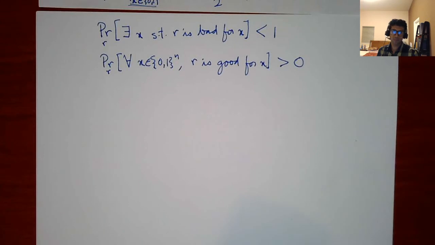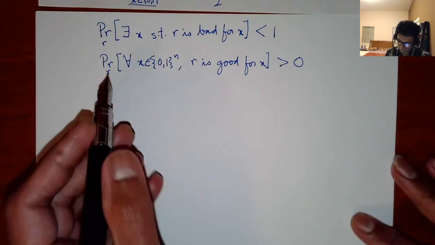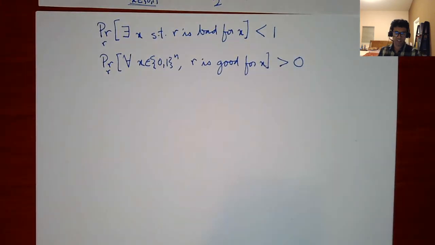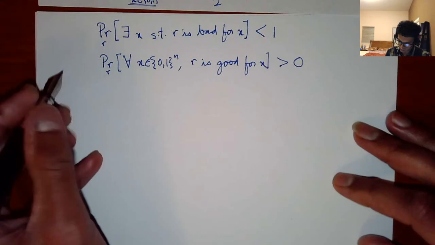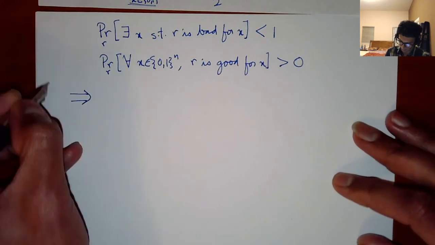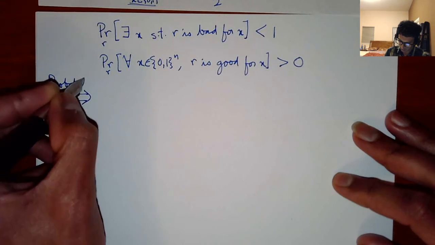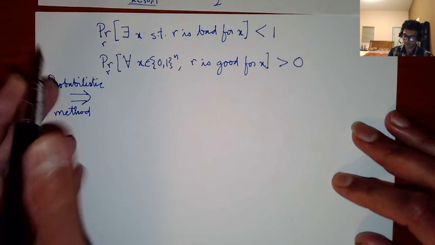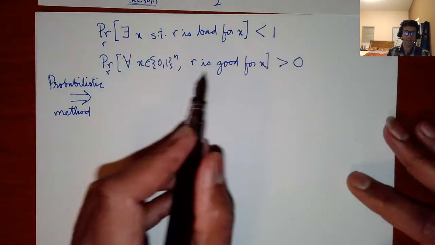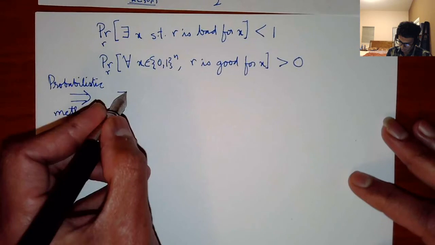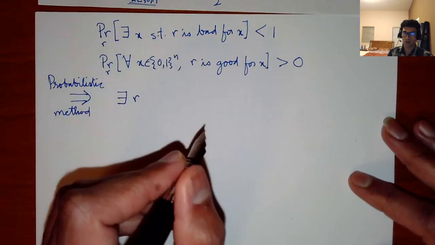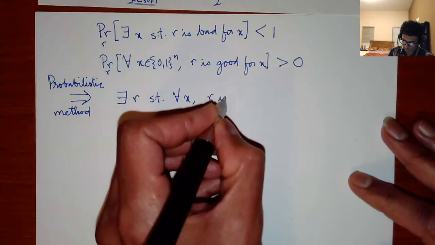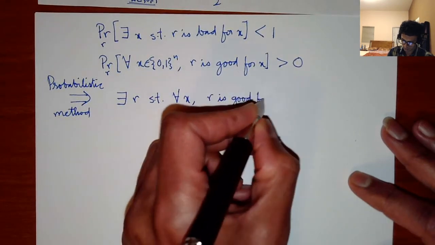Now we apply what's called the probabilistic method. We're saying if the probability of some event is greater than 0, then there must be some situation where it happens. This implies, and this is called the probabilistic method, that since the probability is non-zero, there exists an R such that for all x, R is good for x.